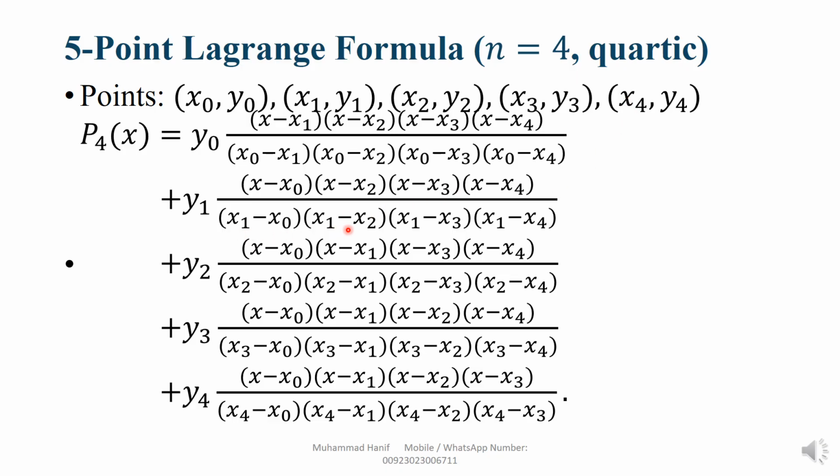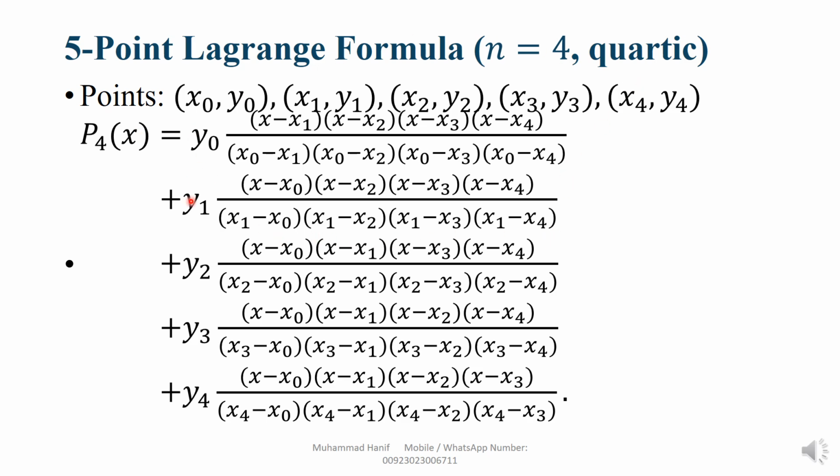Now you can see here we write the formula, and x minus x naught, because here is given x naught, x minus x2 you write here is also x2, x minus x3, and x minus x4. In this value you can see here, if we use x1, it means we hit this number, then all numbers x minus x naught, x minus x2, x minus x3, and x minus x4, we write same.